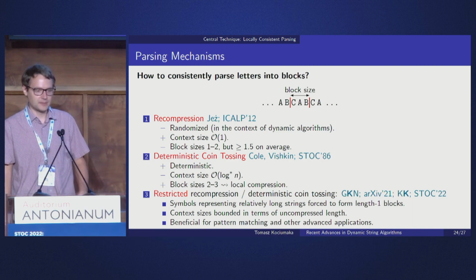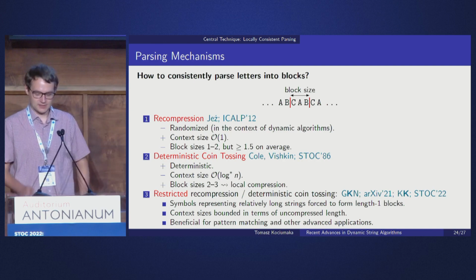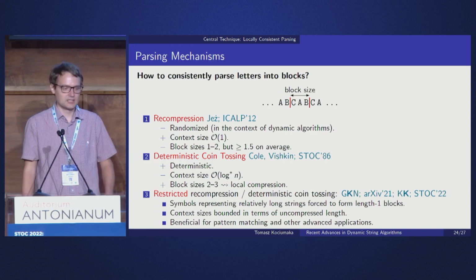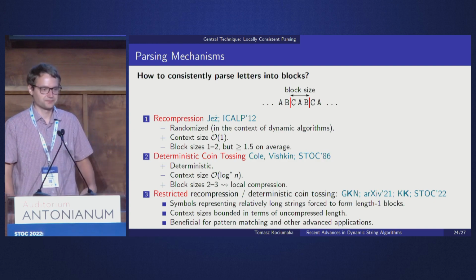And in some applications, like pattern matching queries, this allowed some polylogarithmic speedups, but for example, in the dynamic suffix array, this was one of the crucial steps to achieve a polynomial speedup, so to achieve polylog rather than polynomial update time for the data structure.